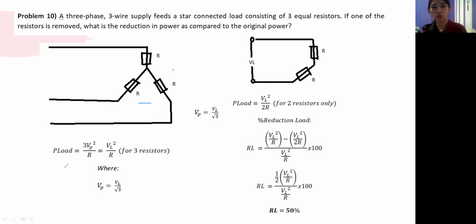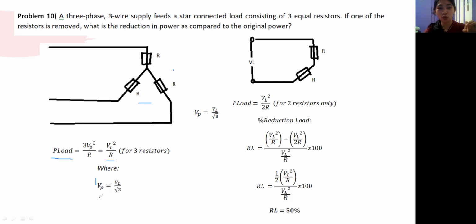For the power load of the given three-wire star, which has three equal resistors, we have 3 Vp squared over R equals VL squared over R. Why is that so?